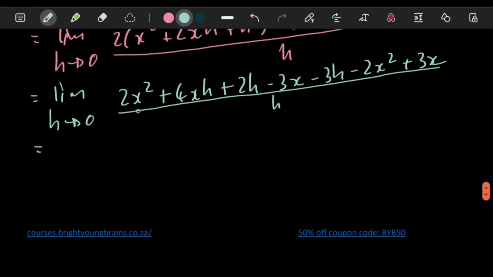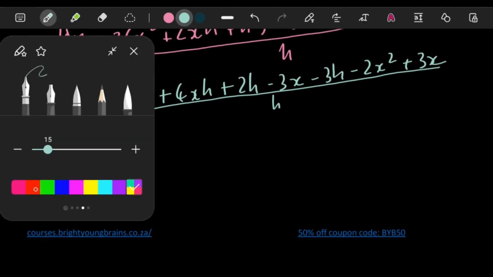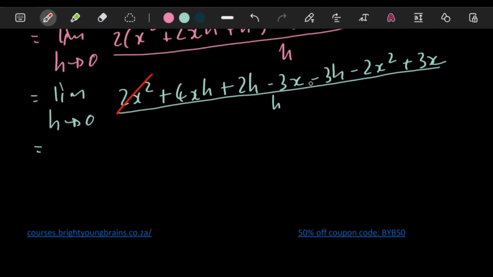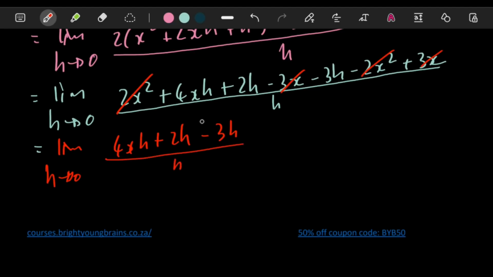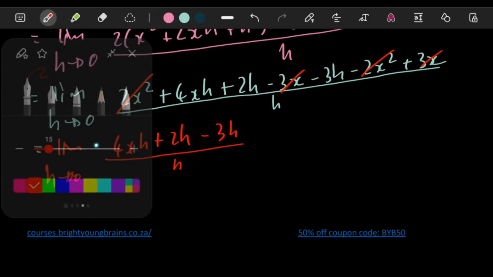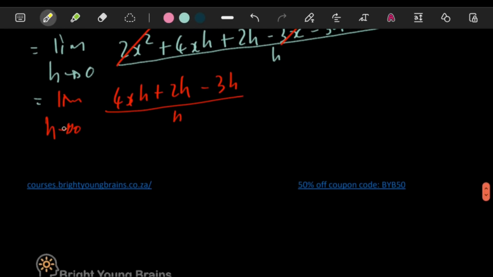You have this cancel that, this cancel that, so you end up with the limit as h goes to 0 of 4xh plus 2h minus 3h over h, and then you need to take out h as a common factor.